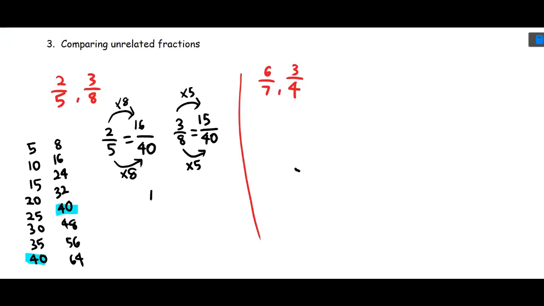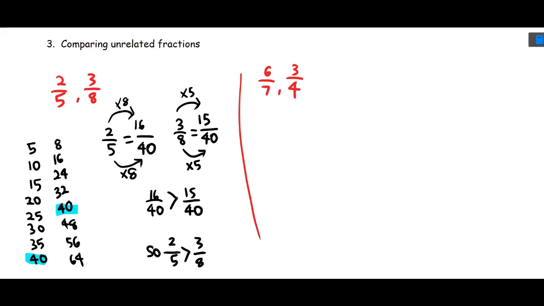Immediately, I can tell that because my denominator is the same, I only need to compare my numerator, and I know that 16 is greater than 15. And so I can conclude that 2/5 is greater than 3/8. Okay, our final answer, we always write the fractions that were given to us in the question.